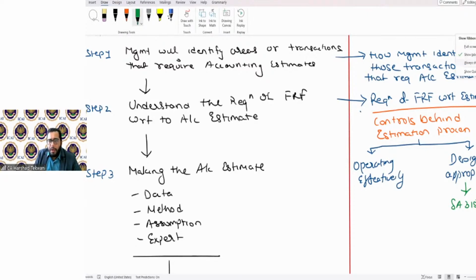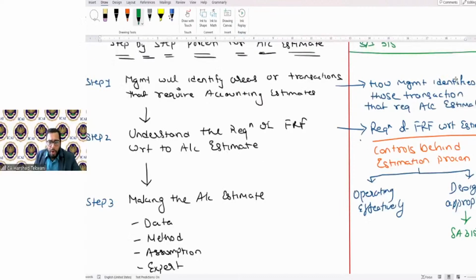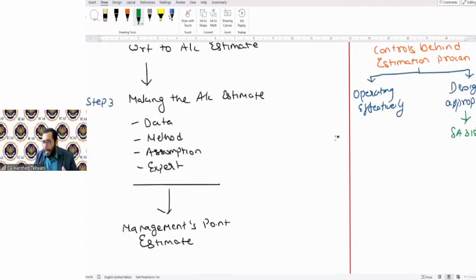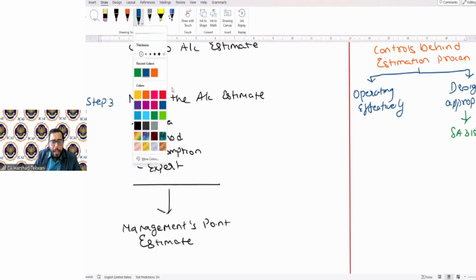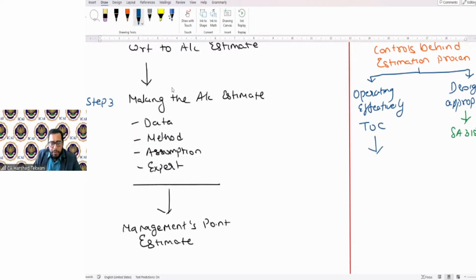And when I talk about TOC, I'm talking about test of controls, test of operating effectiveness. So at that particular point in time, when I talk about TOC, I'm talking about SA 330.